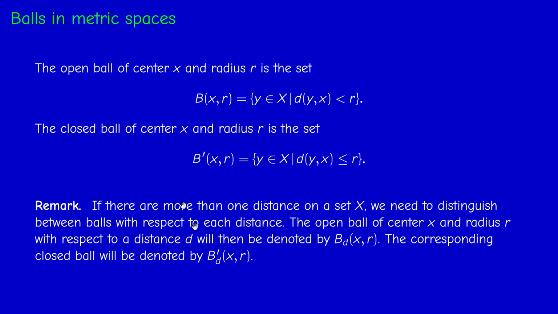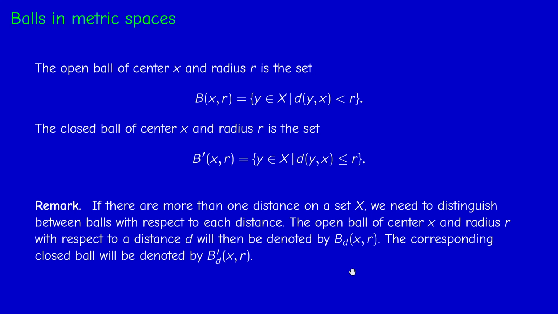And similarly for the corresponding closed ball, B_d'(x,r). Therefore, if we have two distances, for example, d and d prime, or d1 and d2, then we have two balls, B_d1(x,r), B_d2(x,r), B_d1', B_d2'. Okay, so we will need this later because when we want to compare distances, when we will talk about topologically equivalent distances, we need to distinguish between two kinds of balls.